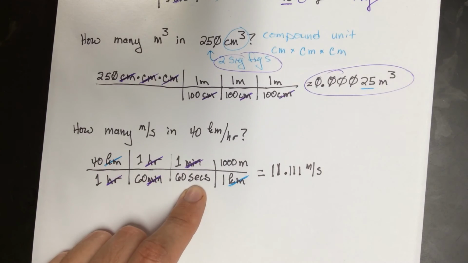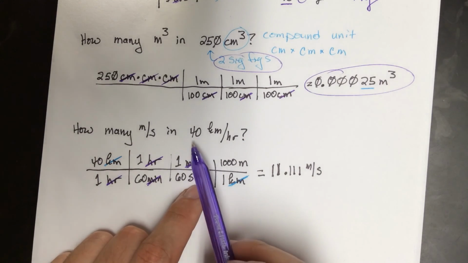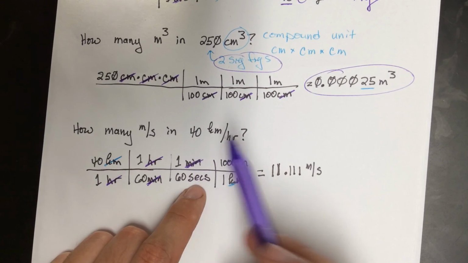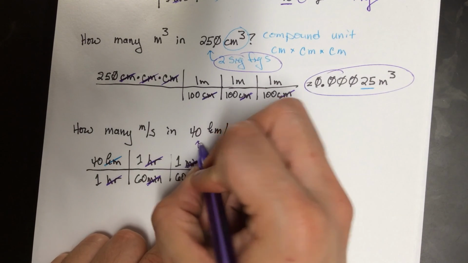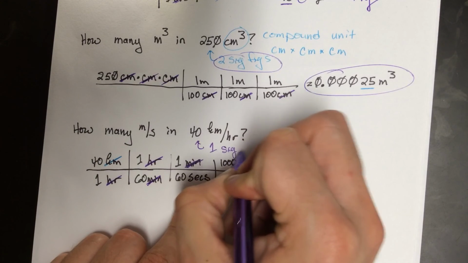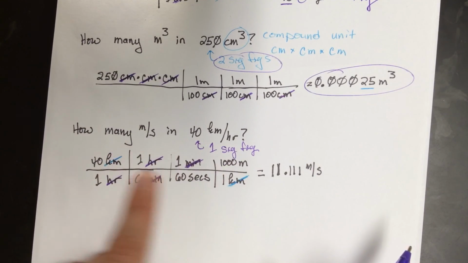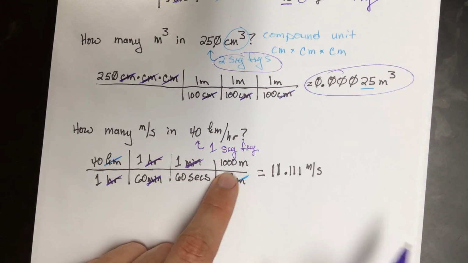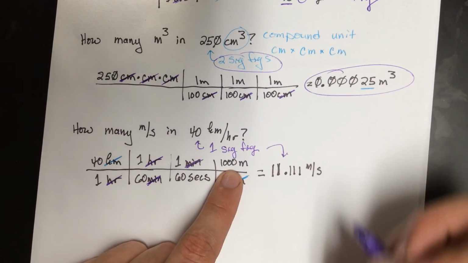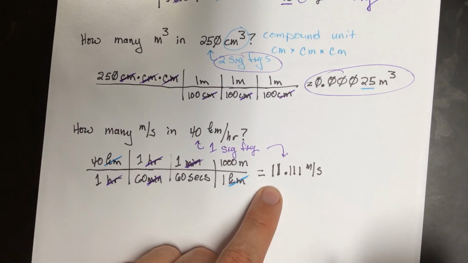And I definitely don't want to report a repeating number as my final answer. So I'm going to go back to my problem and look for the number of significant figures. In this case, 40 only has 1 significant figure because the 0 is to the left of the decimal. And since I've done all multiplication and division, I'm going to need to conserve that 1 significant figure in my final answer.